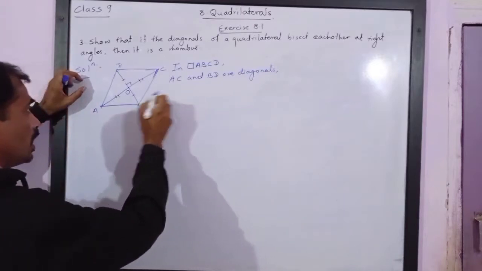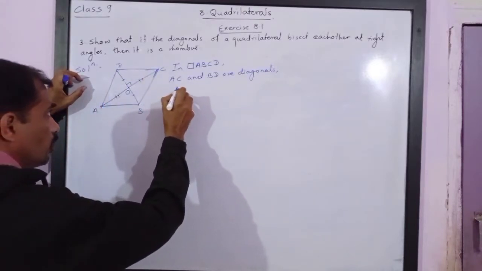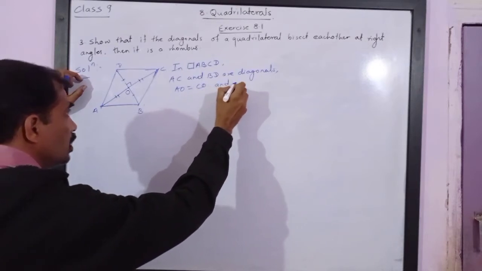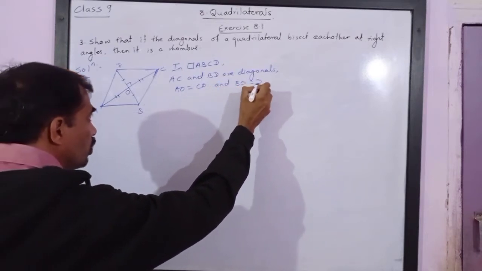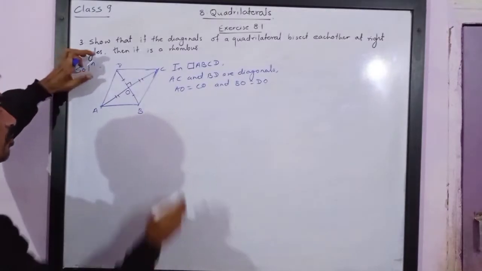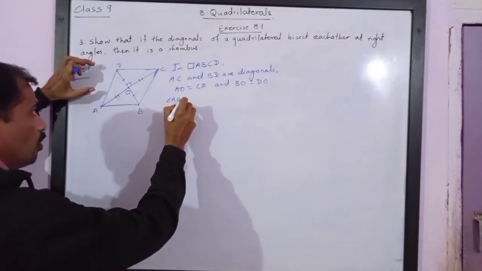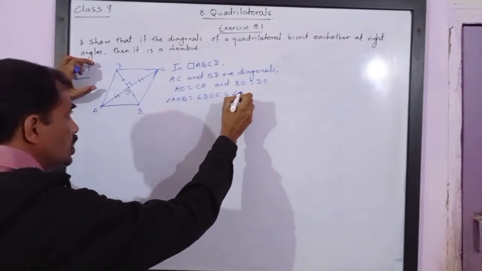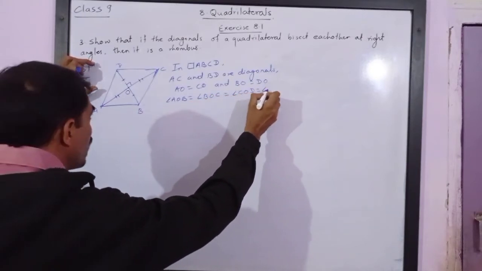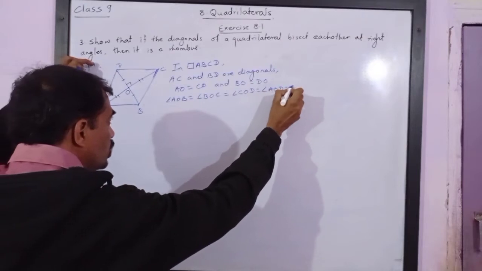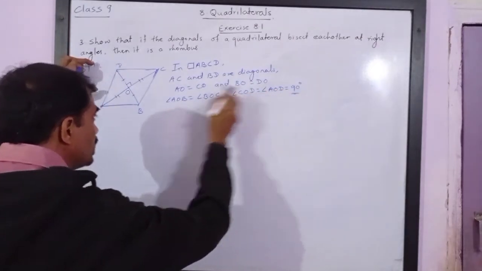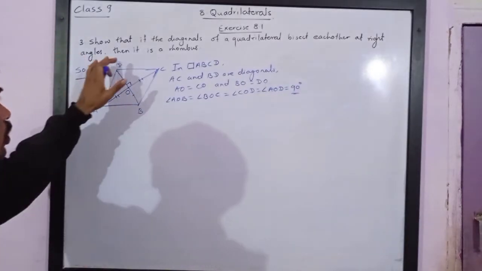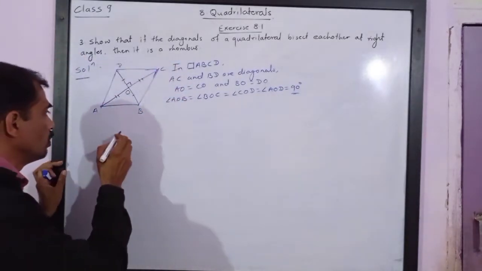We are also given that AO is equal to CO and BO is equal to DO. Not only this, we are given that angle AOB equals angle BOC equals angle COD equals angle AOD equals 90 degrees. That is, they are intersecting at right angles. We need to prove that this quadrilateral is a rhombus.